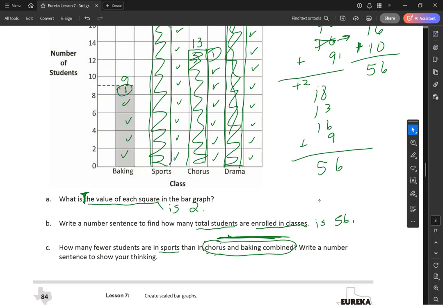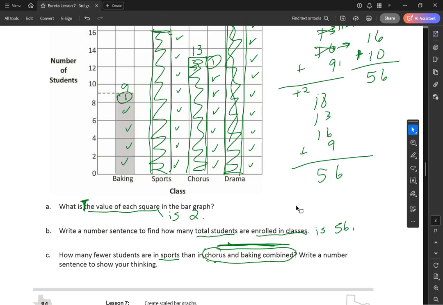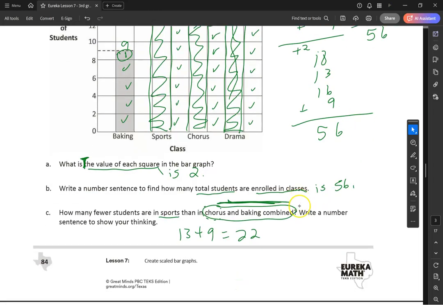So chorus and baking. Chorus had 13, baking had 9. So it'd be 13 plus 9, 22. And sports had 16, so it'd be 22 minus 16 equals 6.